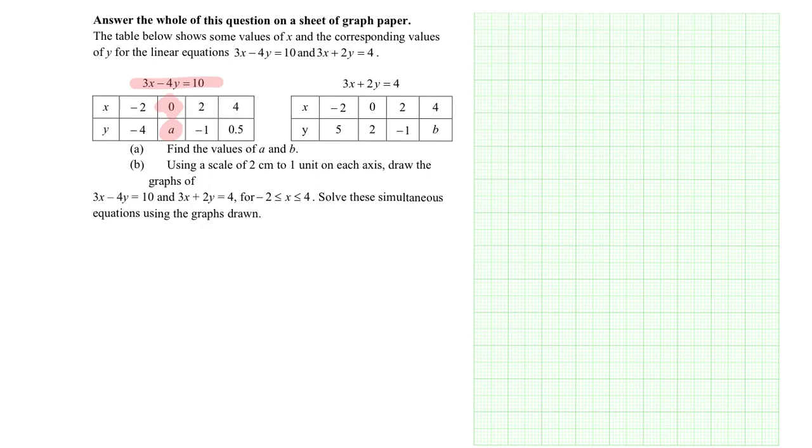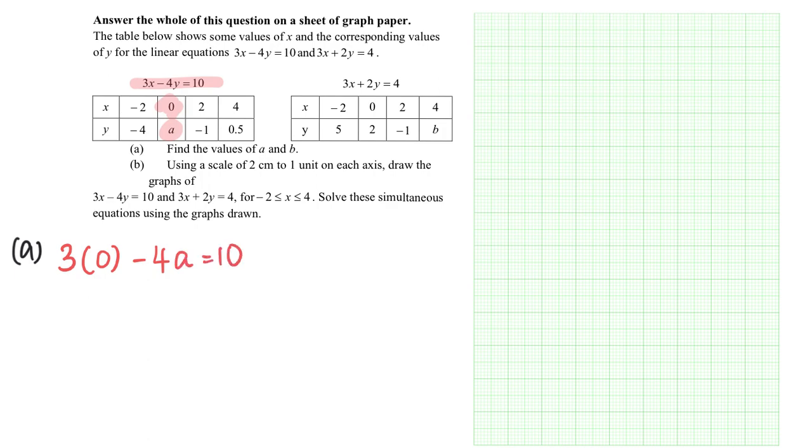So for part A, I'm going to substitute the values in. Three times 0 minus 4A is equals to 10.